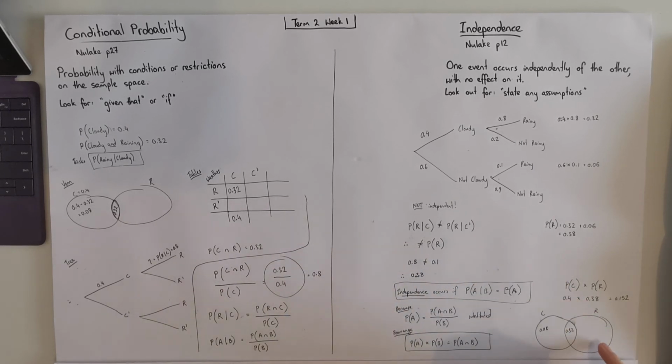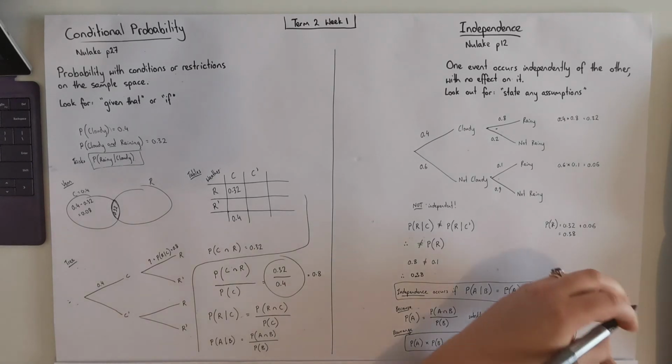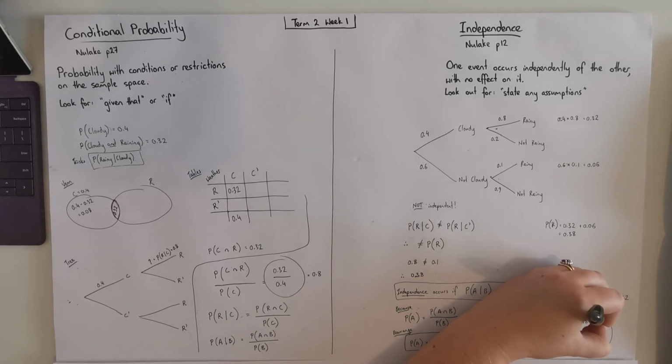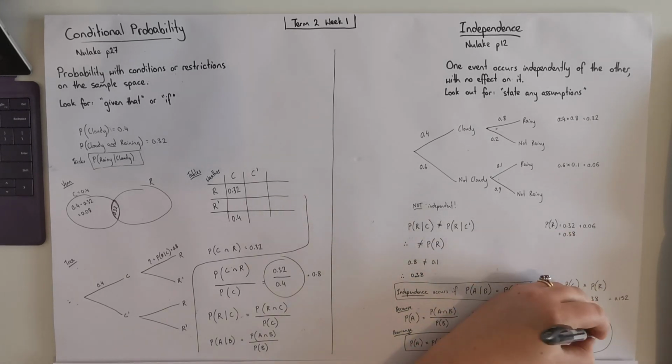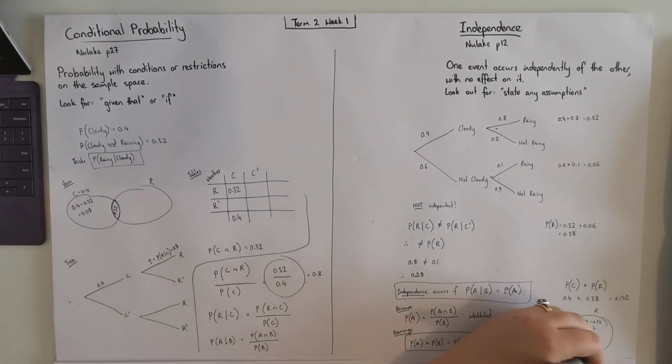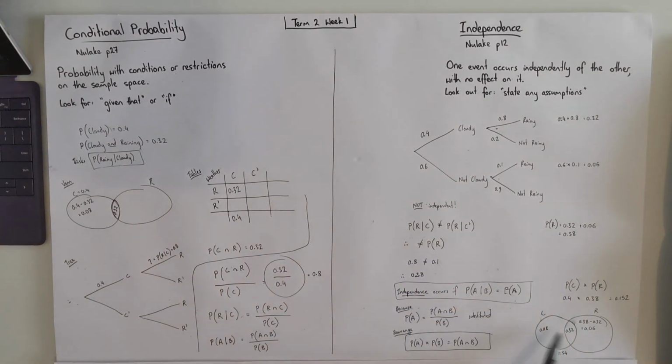And we can establish on the right for the first time here that of course we have our total of raining, which is 0.38, but I need to subtract my 0.32, otherwise I'd be doubling up, which would equal 0.06. So that just helps us to complete our Venn diagram if we like. In fact, for it to be completed, we would need to have our 0.54 on the outside here to show that all possible probabilities add to 1.